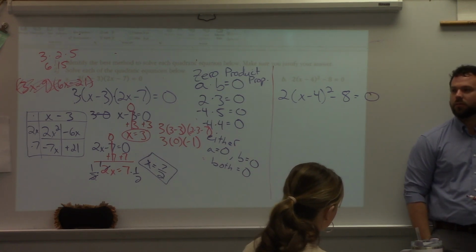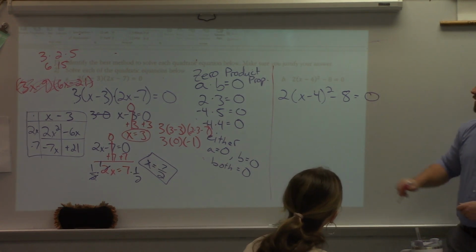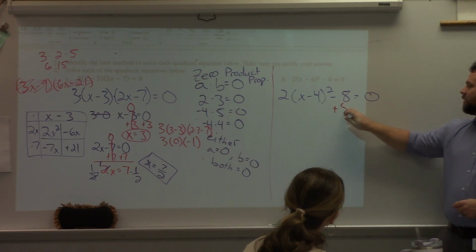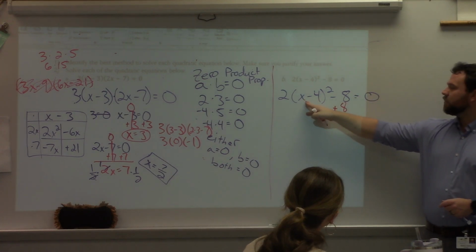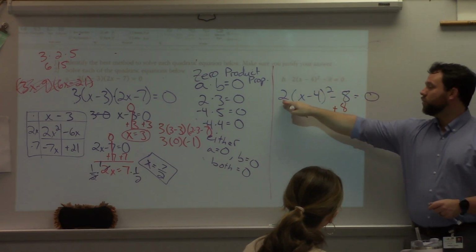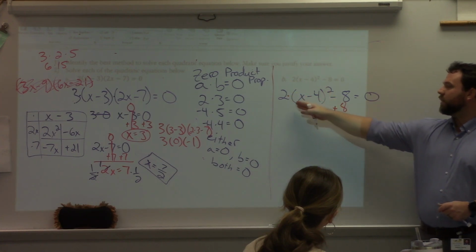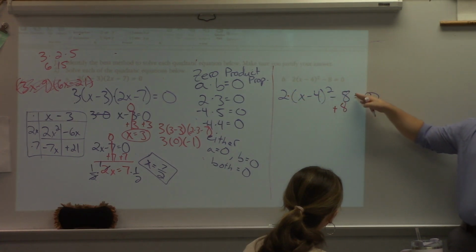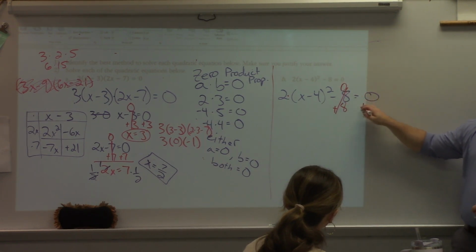Addition? Adding by 4? Added by 8? Okay. Remember, 8 is the last operation being done. It's x minus 4 because of the parentheses. X minus 4 squared. 2 times x minus 4 squared, right? Because multiplication happens before addition and subtraction. So I add 8. That's the easiest thing to undo right away.